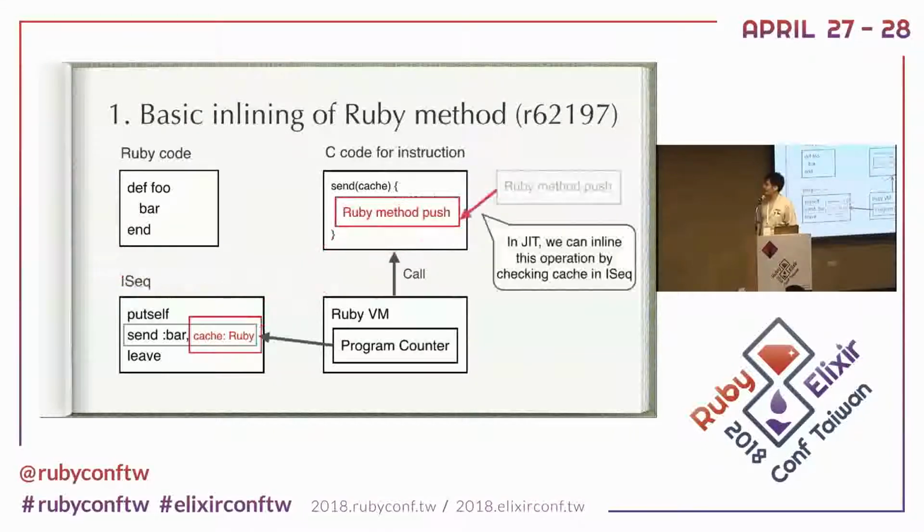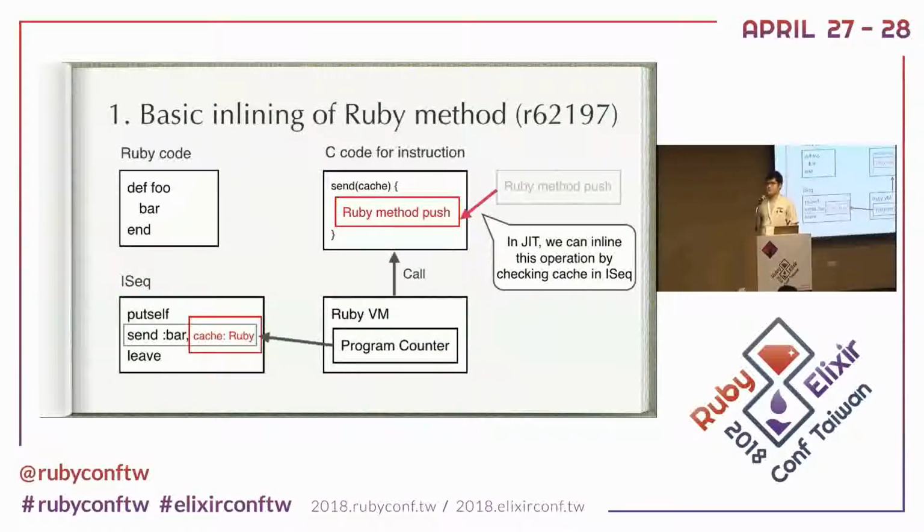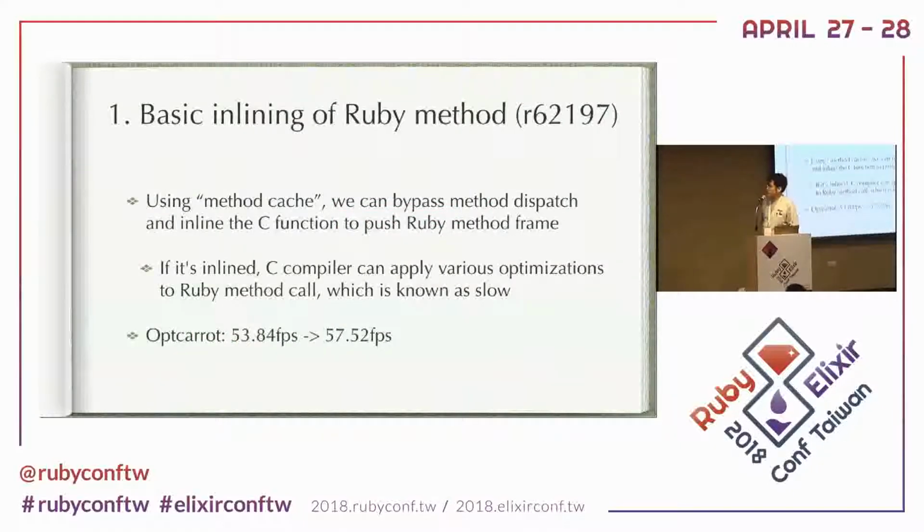So in the JIT compiler, we can just inline the Ruby method push in the generated code. And also, we can skip the search method as well. So it's faster. It's the first big jump from the basic VM performance. Using the method cache, we can bypass the method search and also the method dispatch, which means calling the C function pointer.